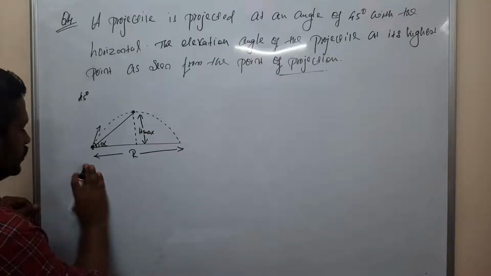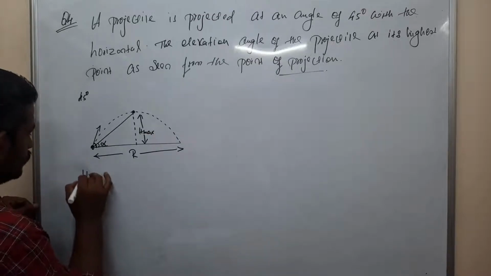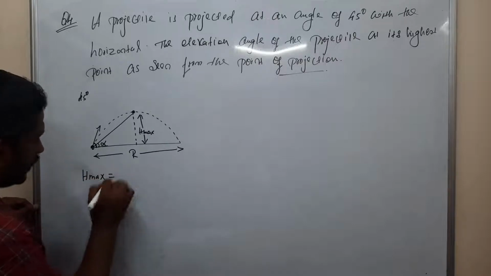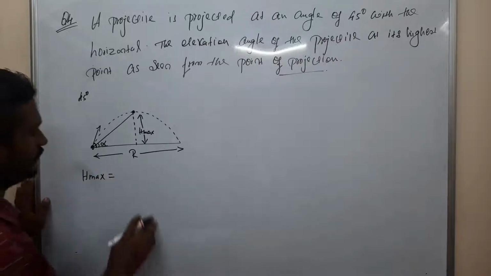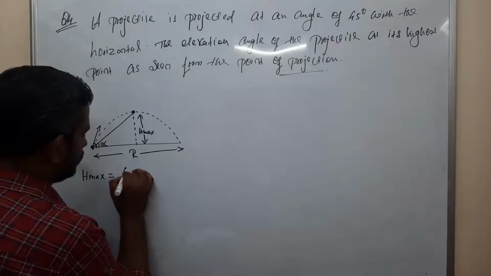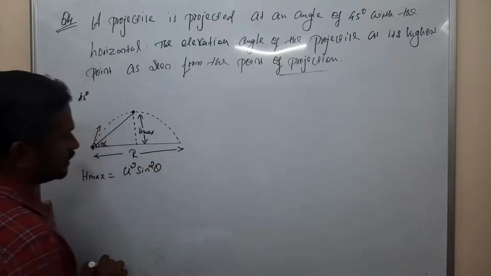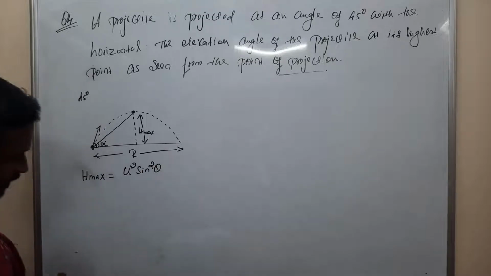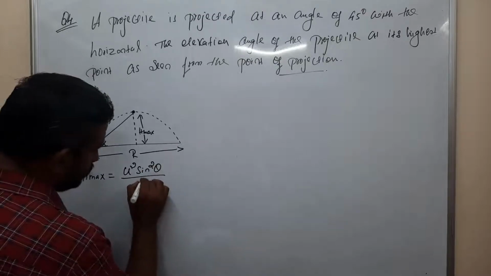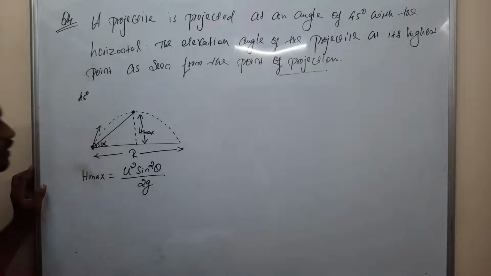H max equal to, what is the formula? U square sin square theta divided by 2g.